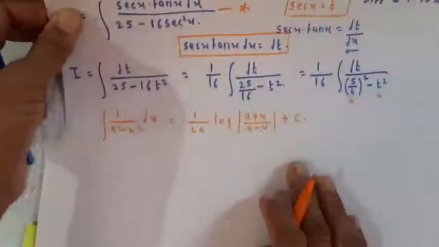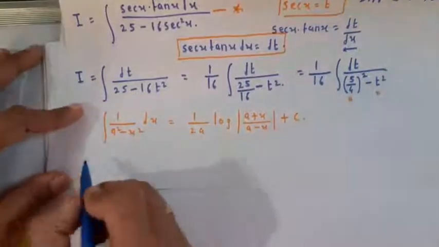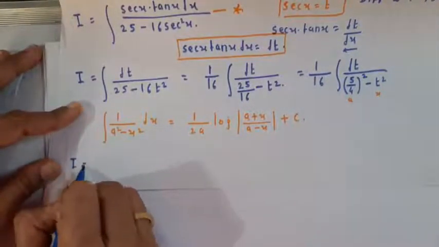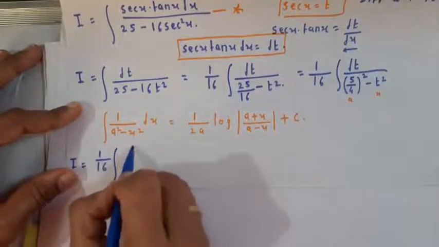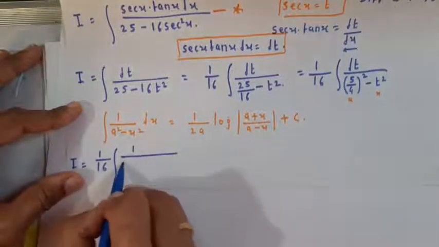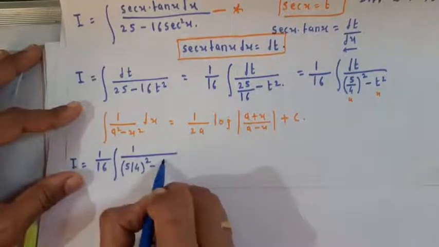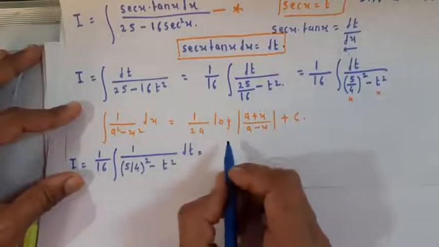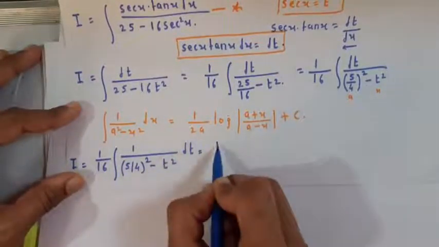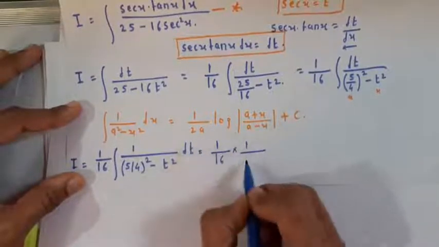Okay students, now this integration I equal to 1 by 16 times the integration of 1 upon (5 by 4) whole square minus t square with respect to t is 1 upon 2a. This 1 by 16 as it is, into 1 upon 2a, 2 into a.